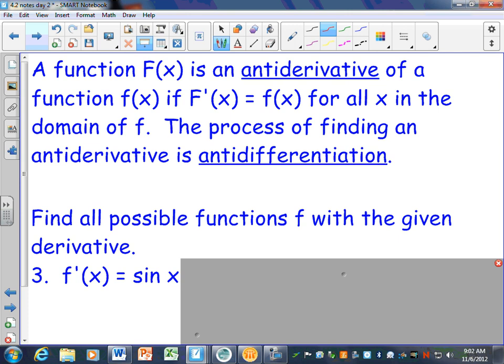Notice the directions say find all possible functions f with the given derivative. But basically we're just thinking about going backwards on here.